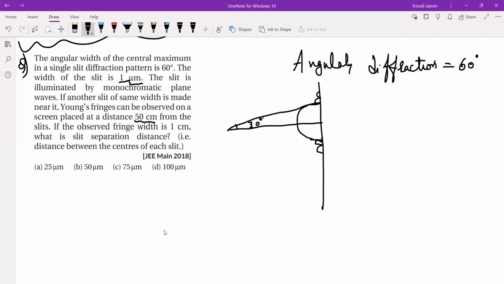Half lambda equals a by 2 sine theta. This is for first minima. So write theta here, write lambda value, find a.